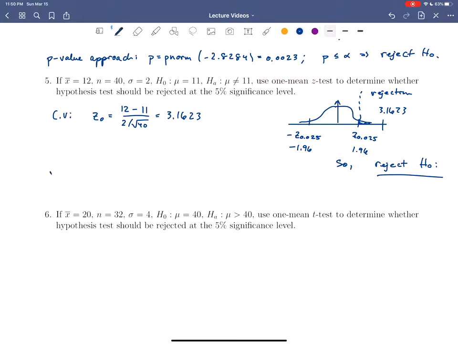Finally, for the p-value approach, we're going to have to compute our p-value. So we're going to get p is 2 times pnorm of minus 3.1623.